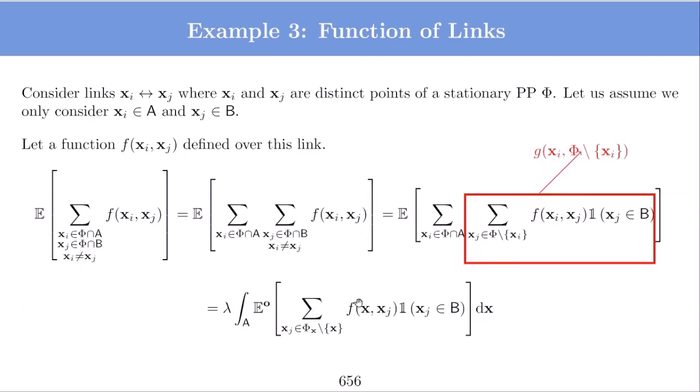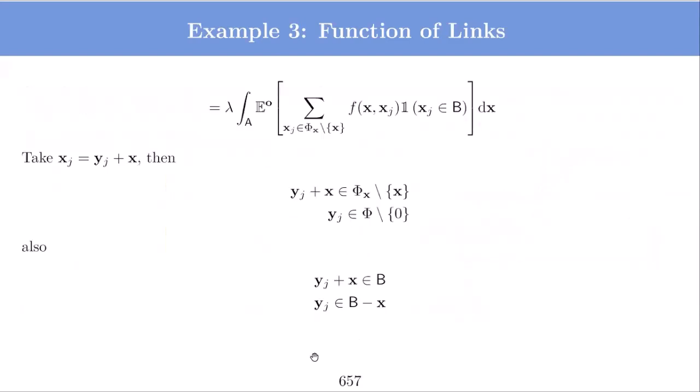Now, to further solve it, what I can do is take xj equal to yj plus x. In that case, yj plus x belongs to phi minus x, which means yj belongs to phi minus 0.